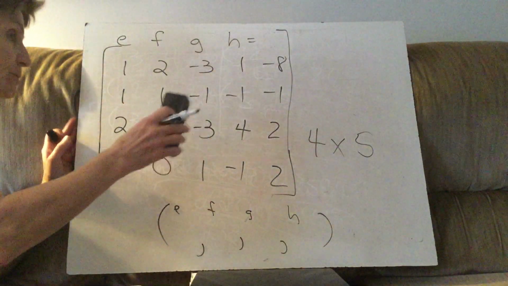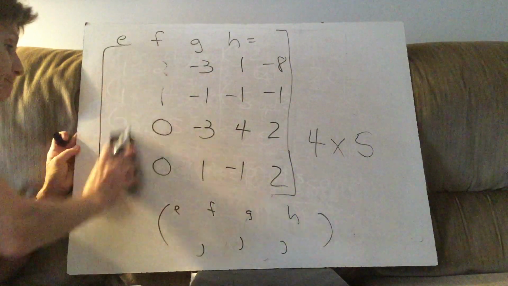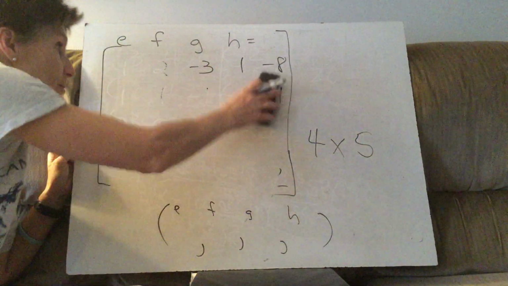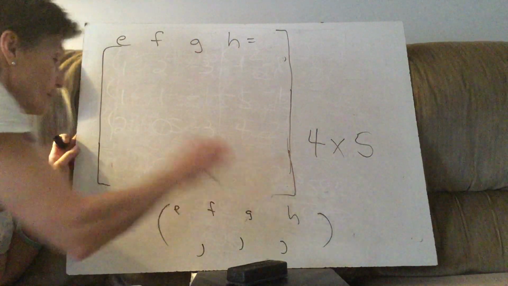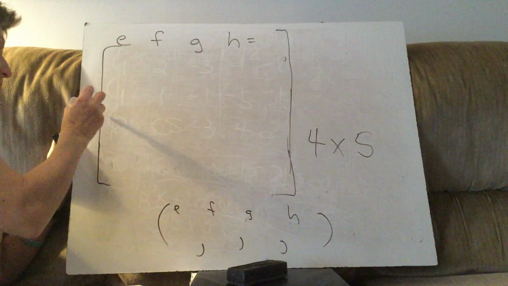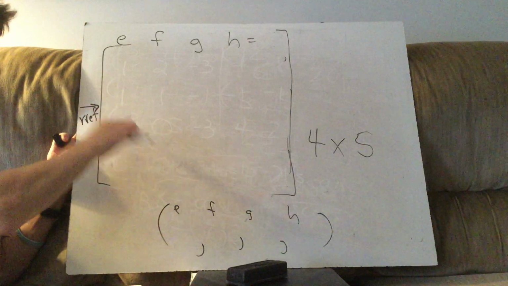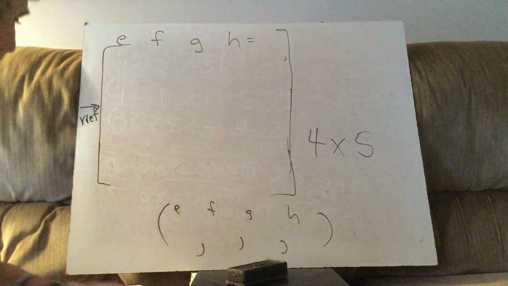I don't have room here, so I'm going to now write down my new matrix. So we have RREF, and now we're going to get this new matrix right here in just a minute.